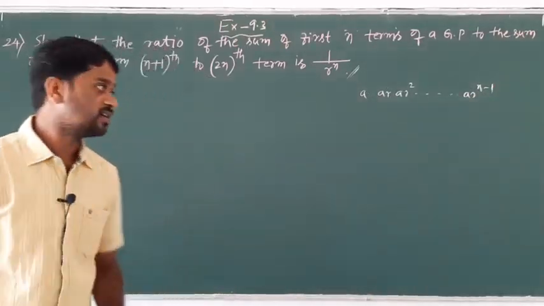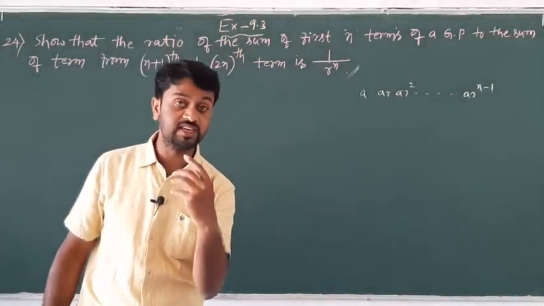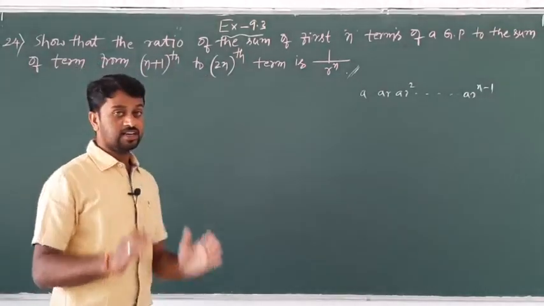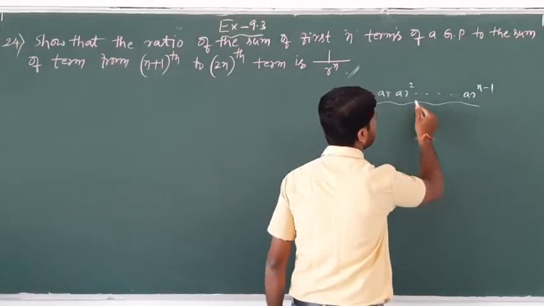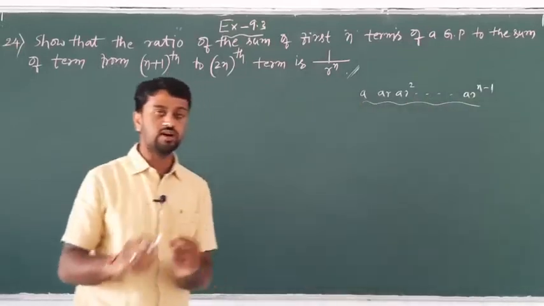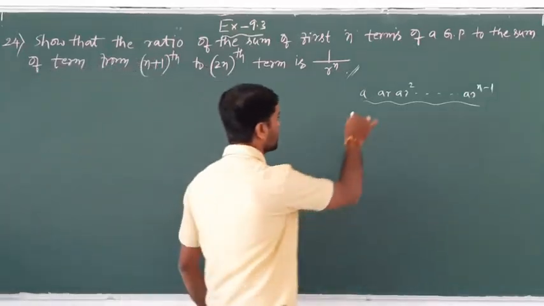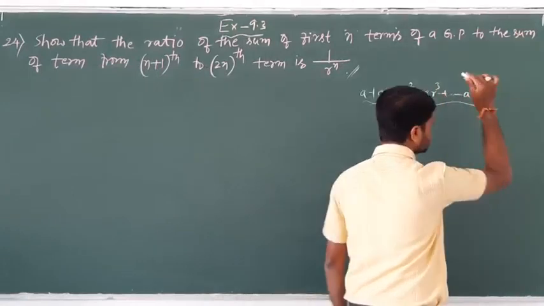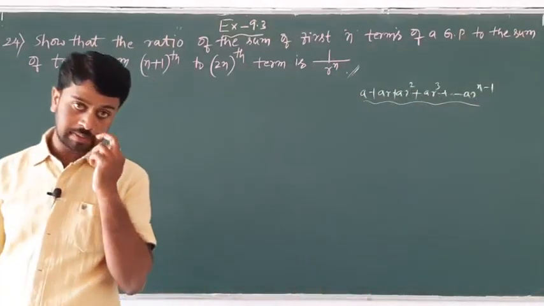The sum of the first n terms means adding a plus ar plus ar square plus ar cube, up to so on, plus a into r power of n minus 1.